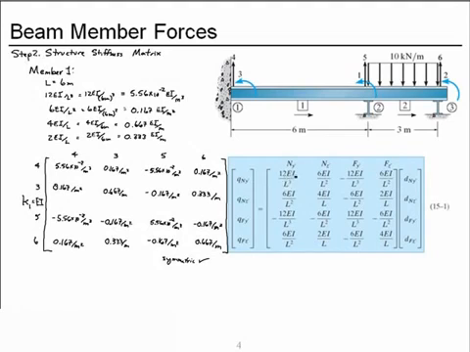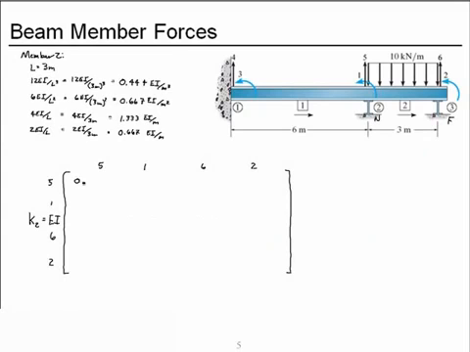Says we'll start with 12EI over L cubed in the top left, then 6EI over L squared, then minus the 12EI over L cubed, and the positive 6EI over L squared again. So we have 0.444 over meters cubed because we pulled the EI out from all of the terms. And then the 0.667 divided by meters squared.